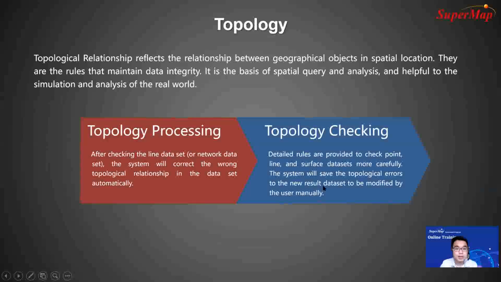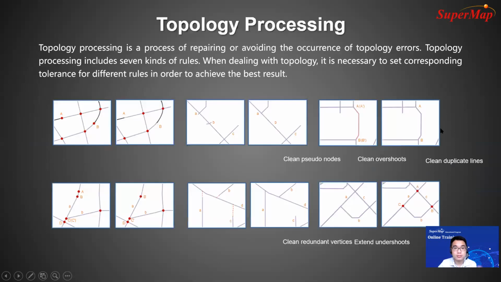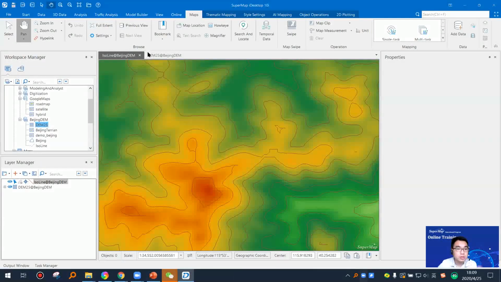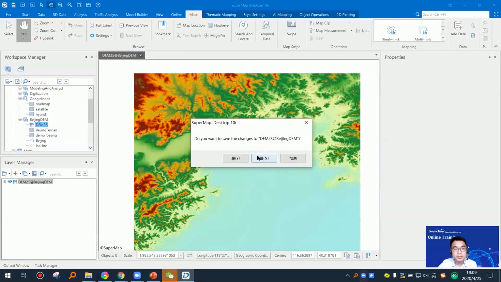And also for some GIS data, we need to have a topology check. So in SuperMap, we provide the topology processing and also the topology checking. So for the topology processing, we have functions like clean the overshoots, extend the undershoots, and intersect the arcs. So for the function, you can find here.